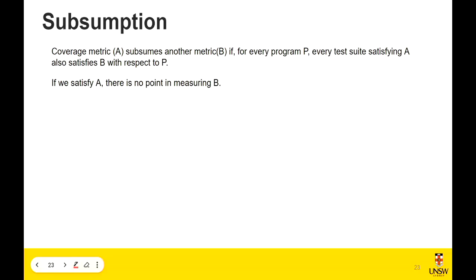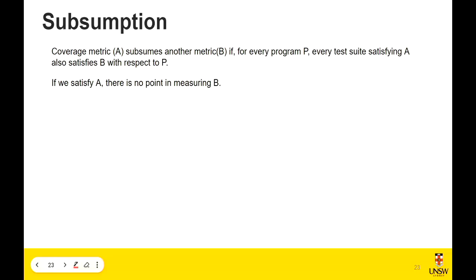A coverage metric A subsumes another metric B if for every program P, for every test suite used to test the program, the test suite satisfying A will also satisfy B with respect to P. That is more like the inclusion relation in the concept of sets.